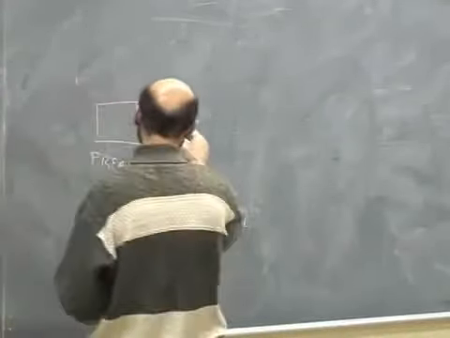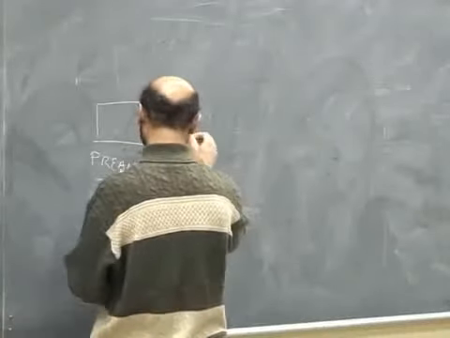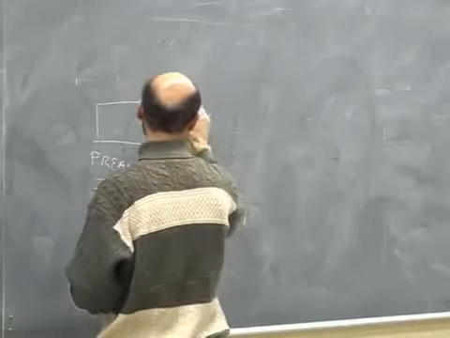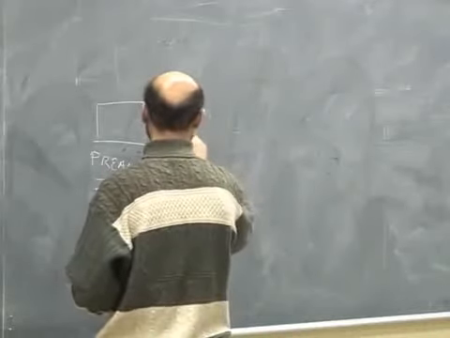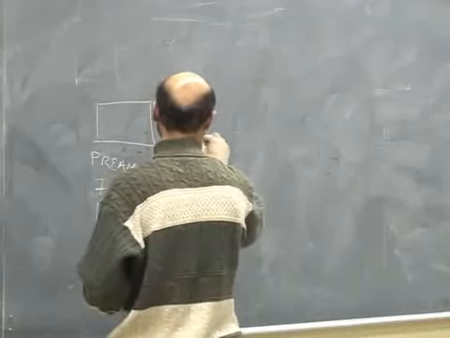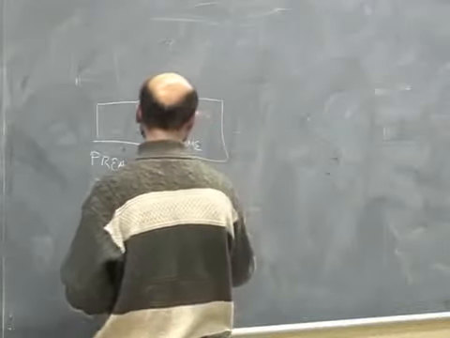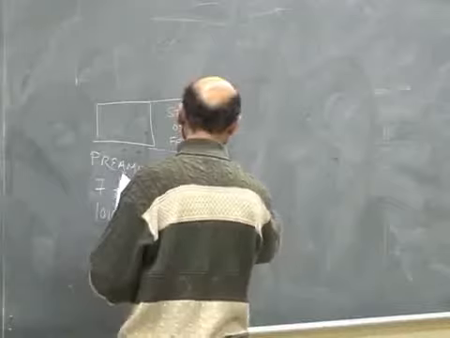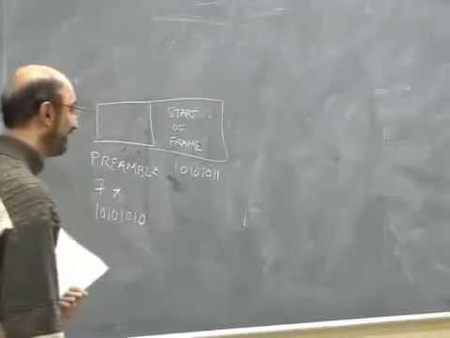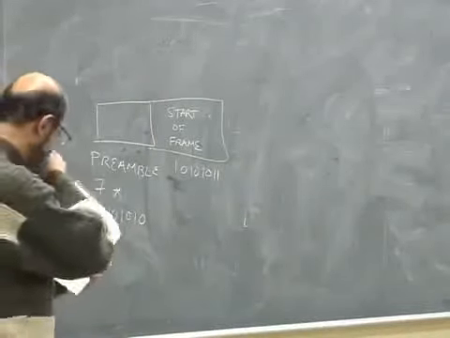And the 8th byte, we have one more byte. It's called the start of frame. The start of frame is 1, 0, 1, 0, 1, 0, 1, 1. Okay? And now we know we have data.